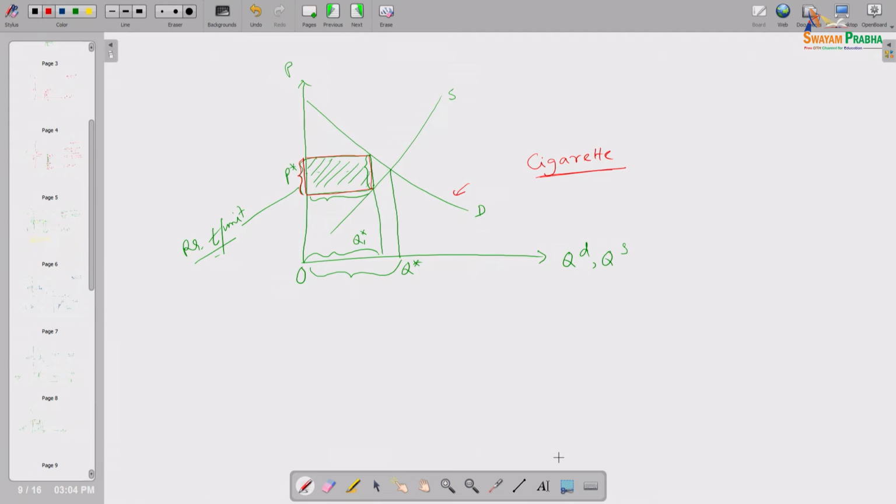I may not be unhappy because I do not consume cigarettes at all. So, whether tax is imposed on cigarette or not, I do not care, there is no reason for me to be unhappy. But the people who consume cigarettes will be unhappy because of this imposition of the tax, the price is going to increase, they have to pay more, right.